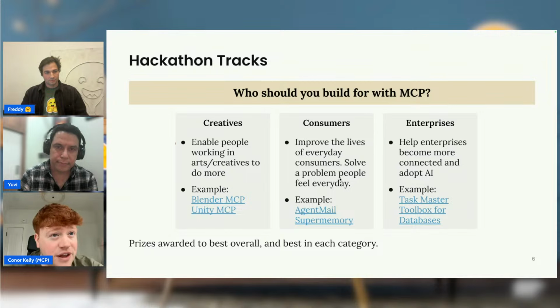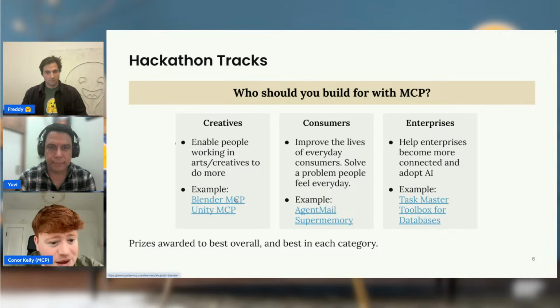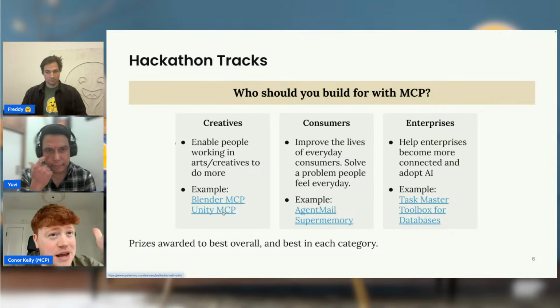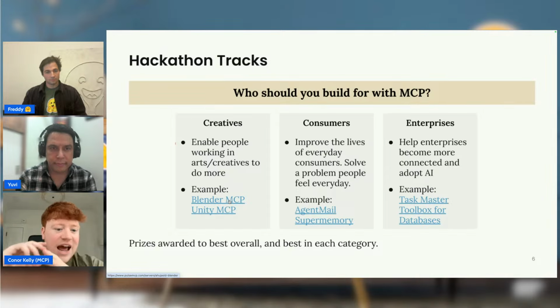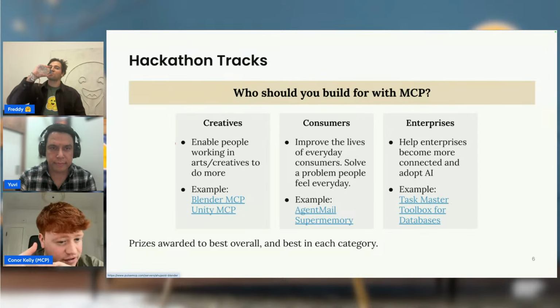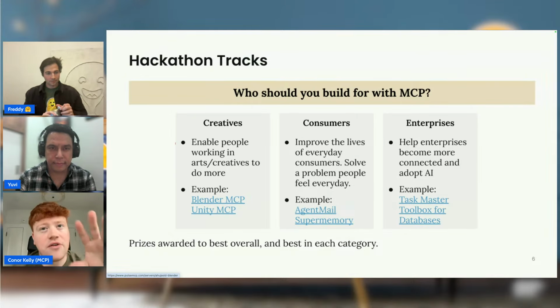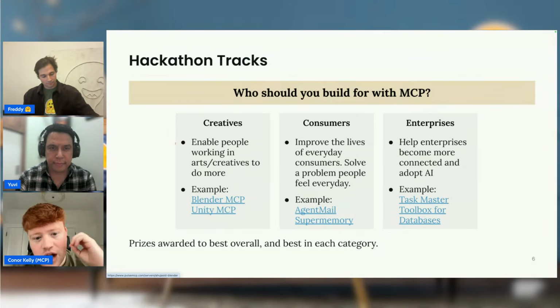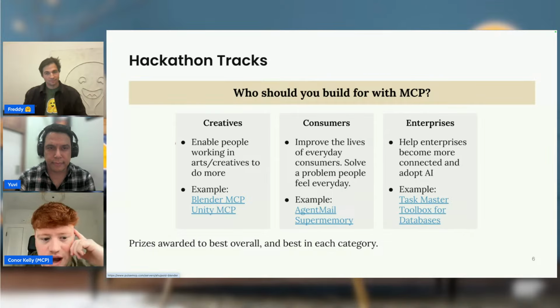Two examples of this are the Blender MCP and the Unity MCP. The Blender MCP helps people create 3D rendered images and 3D printed objects and so on. And then Unity is around gaming and so on. So a lot of scope there to be creative in the creative space.